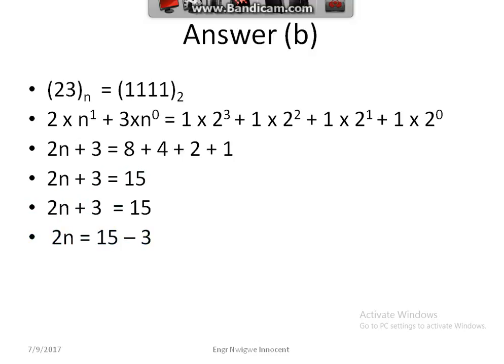Then we now have 2n is equal to 15 minus 3. 2n is equal to 12, because 15 minus 3 is 12. n is equal to 12 over 2, which is 6, because 12 divided by 2 is 6. Then n is equal to 6.